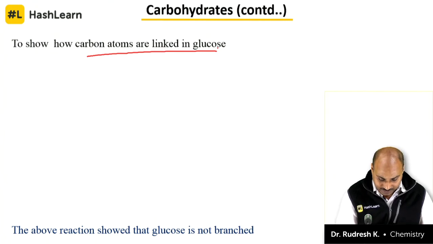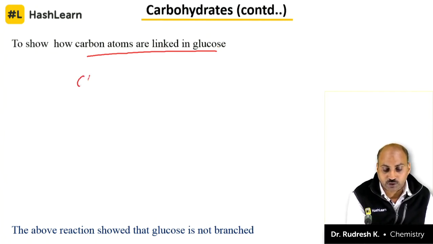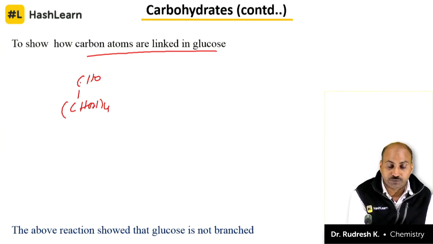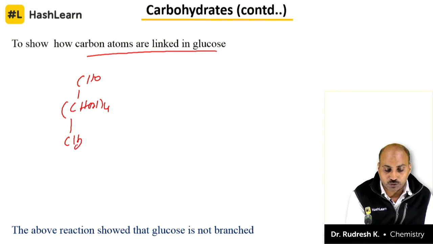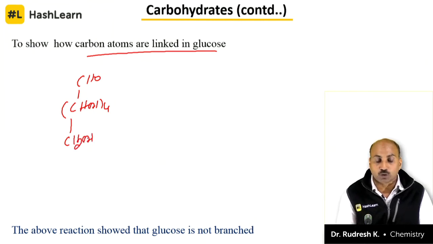The basic structure of glucose is written as CHO, CHOH four times, which is the fifth one, then CH2OH, the primary alcohol group.